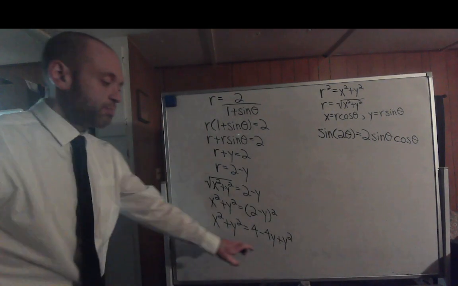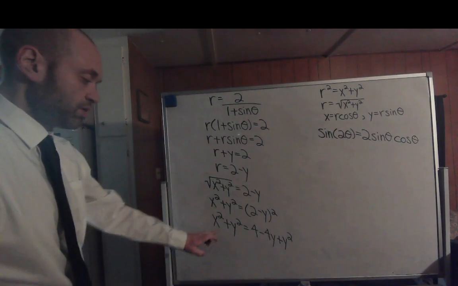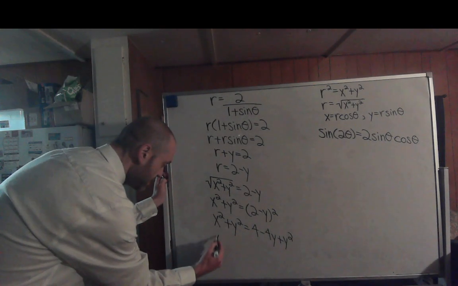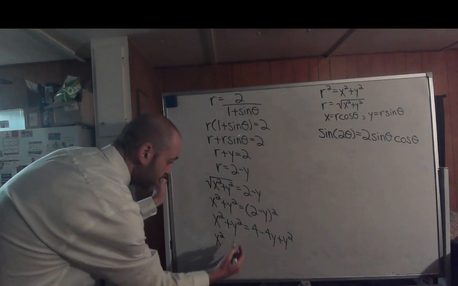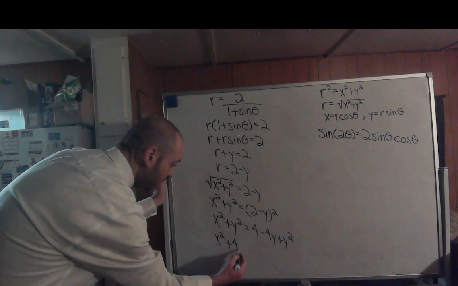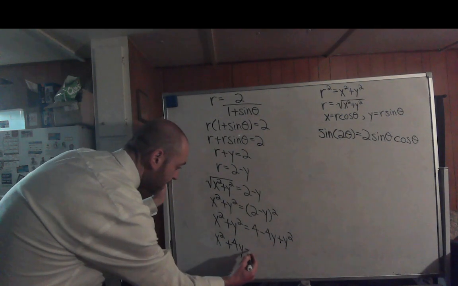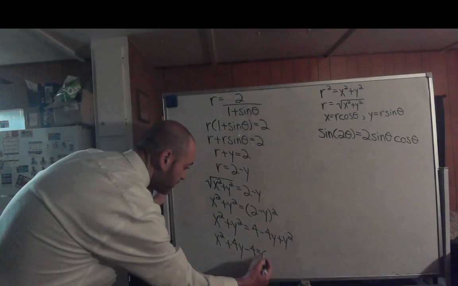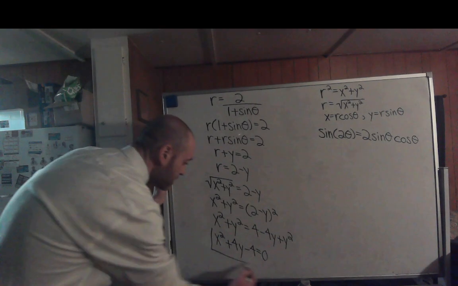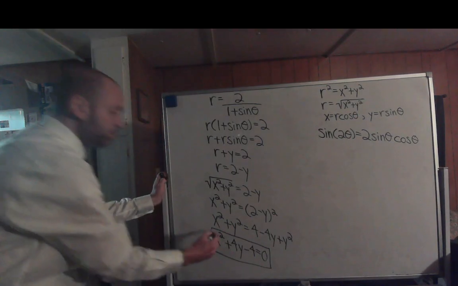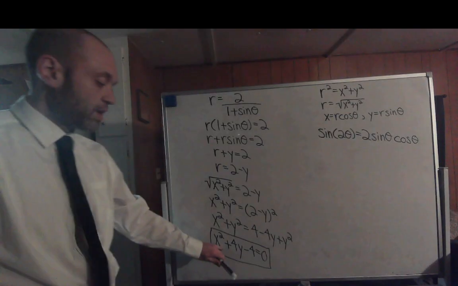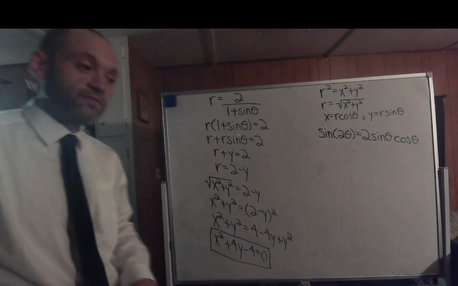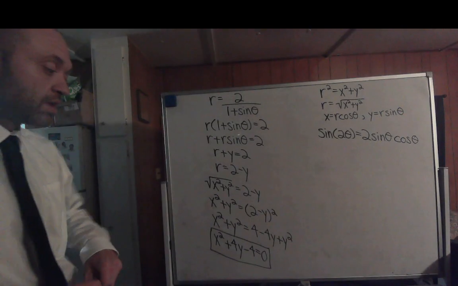Now we just want to make the right-hand side equal to 0. The x squared will stay, but the y squared will be gone. Then you would just have plus 4y minus 4 equals 0. So the final form of this parabola in rectangular form is x squared plus 4y minus 4 equals 0.